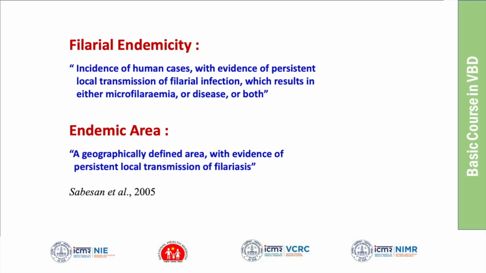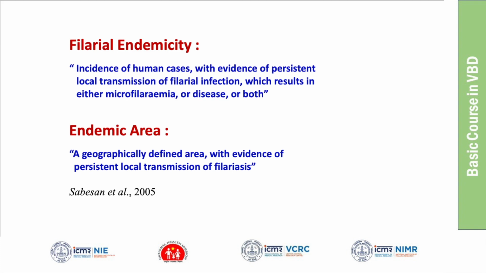Then, a true filarial endemicity definition was also not available, because endemicity for the program's sake, what I have told you just a few minutes back, was the endemic area definition of above 1% MF.